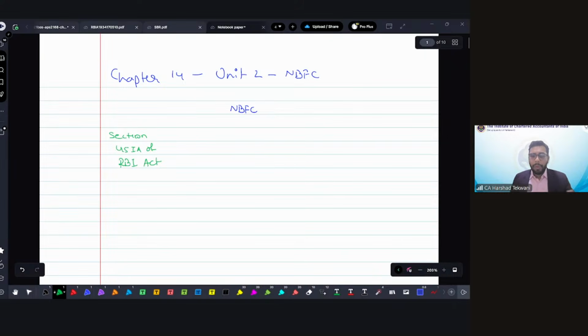No? Okay. Let's go and see what 45-IA of the RBI Act says so that we can understand the requirement. Let's understand what is an NBFC, because then only we will be able to understand the requirement of an NBFC, why NBFC, what is NBFC.